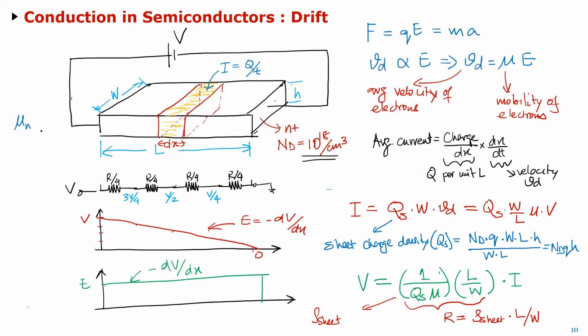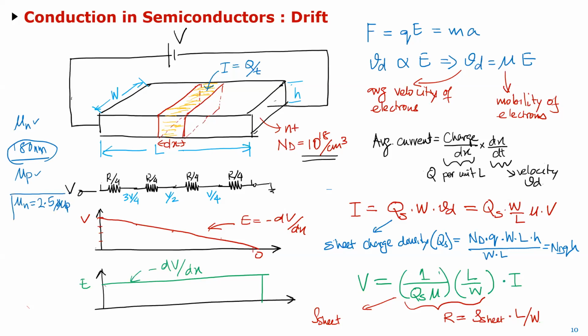If I take a p-type material, like Puneet was just mentioning, in current technologies they're almost becoming equal. But let's take a technology like 180 nanometer, which we use in the lab a lot. If you take the mobility of the n-type material, mu n, and a p-type material, mu p, of the same concentration, in this kind of technology you find that mu n is almost equal to 2.5 times mu p.